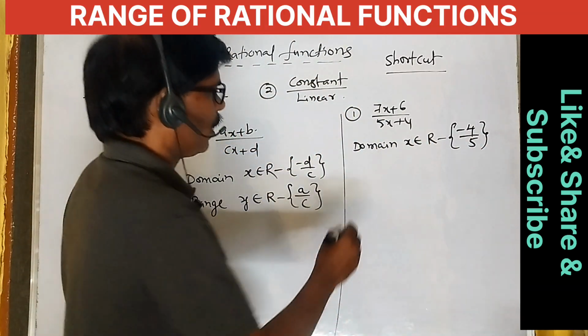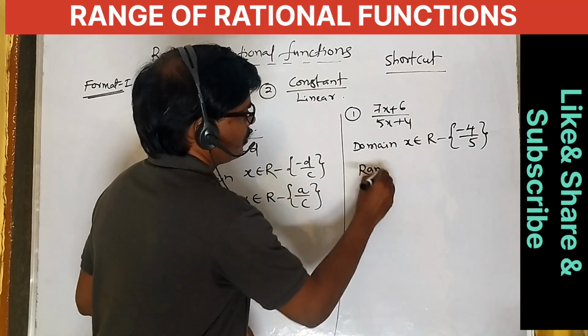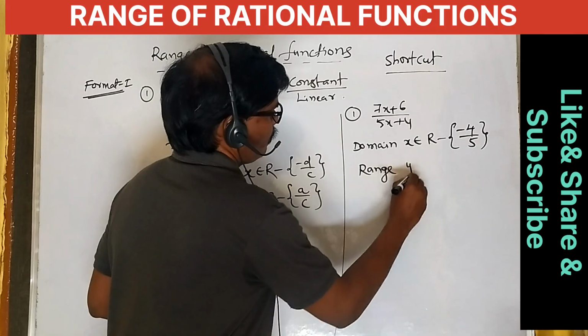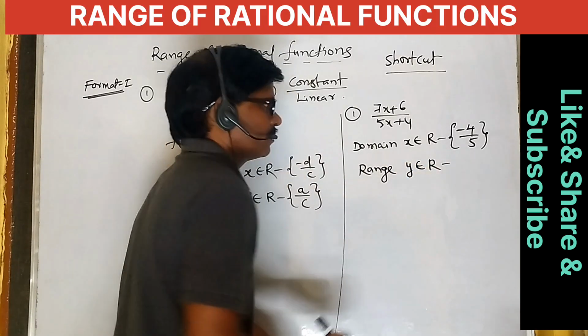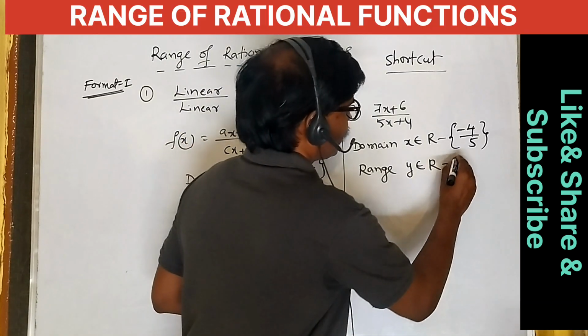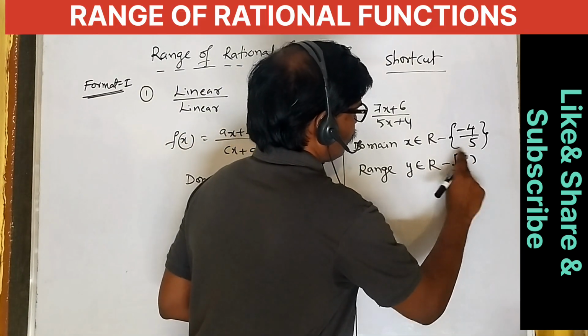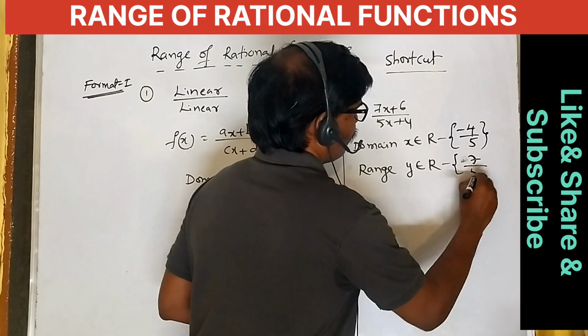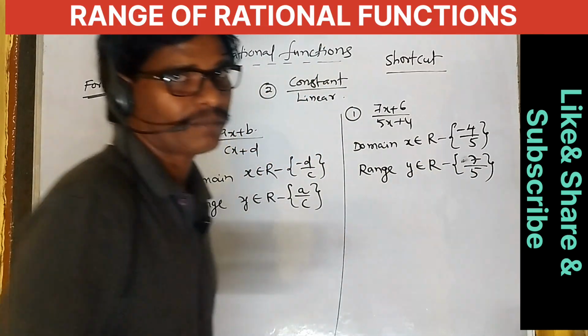This is the domain. What is the range of this function? Range y belongs to R minus {a/c}, x coefficient by x coefficient. The x coefficients are 7 and 5, so 7 by 5. This is the range of the function.